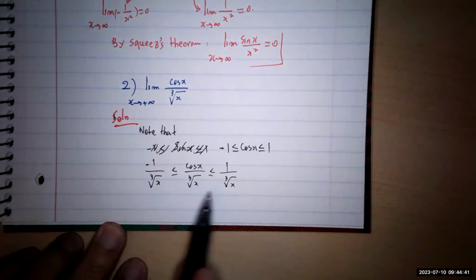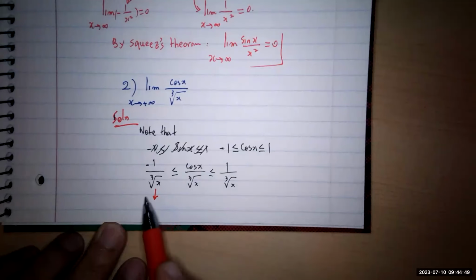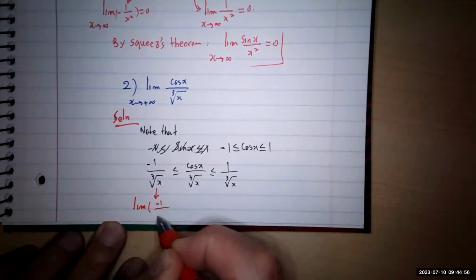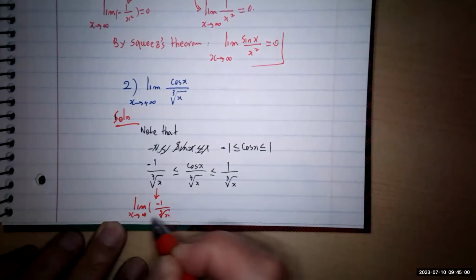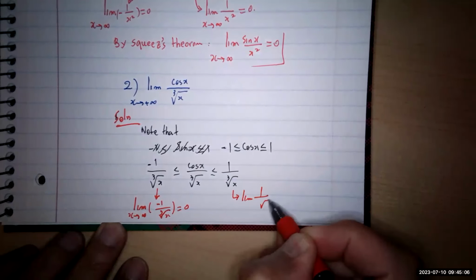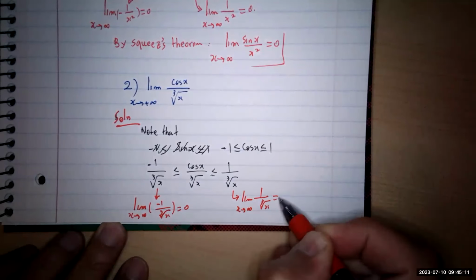So we squeeze it, and then you know that these are all just pizza problems. If x goes to infinity, the bottom is infinity, that would be 0, but we have to write it down. So the limit of the -1 over cube root of x as x goes to infinity again is 0. This one over here, the limit of 1 over cube root of x as x goes to infinity is 0.